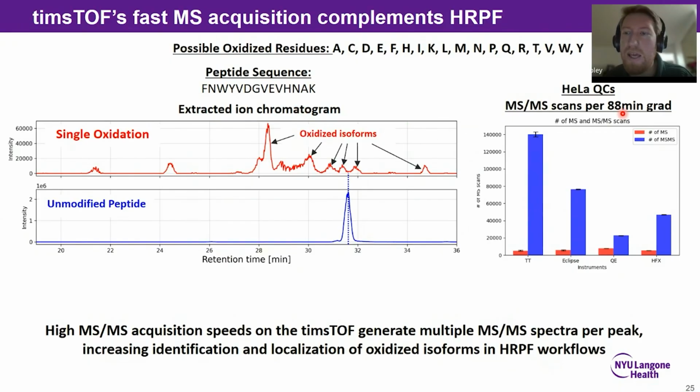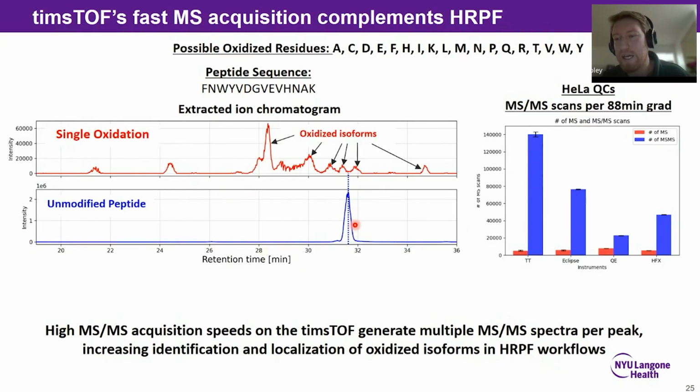And here I'm just showing a quality control, comparing the timsTOF number of MS2s at a fixed gradient length with some of our Orbitrap-based instruments that we have in lab. You can see in 88 minutes, you take almost 140,000 MS/MS, which is perfect for this type of experiment.